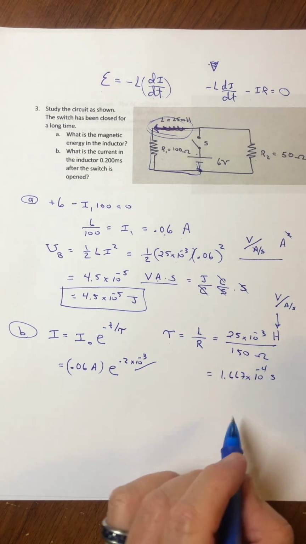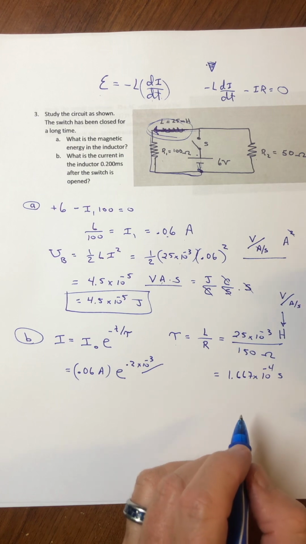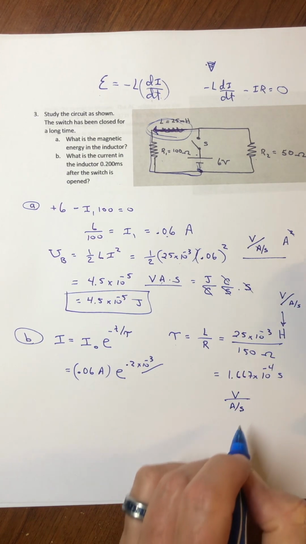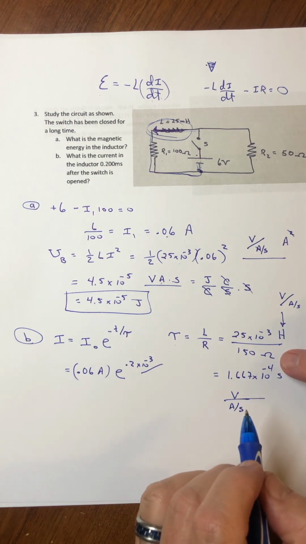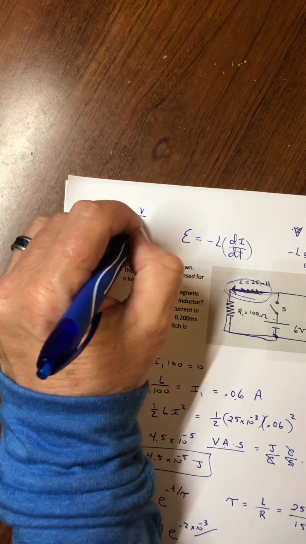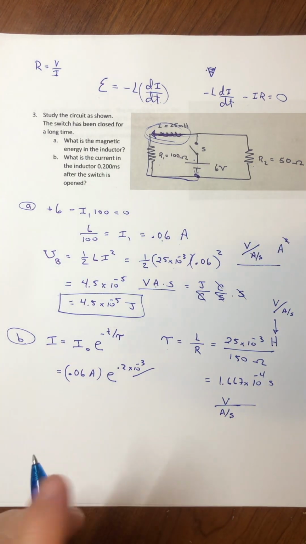Maybe I should take a moment and show you this right here from the Henrys would be a volt over an amp per second. And then this ohm, if you remember Ohm's law, the resistance is voltage over the current.